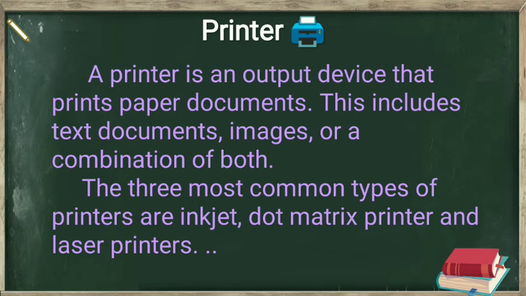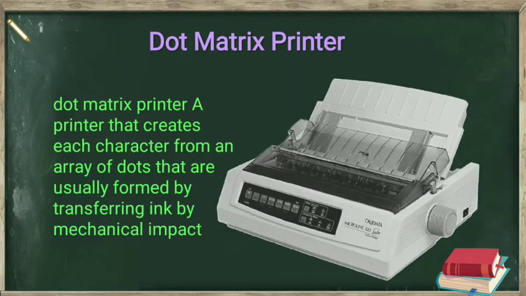Three commonly used printers are inkjet printer, dot matrix printer, and laser printer. Okay, nowadays we are mostly using laser printer. The document printed on paper is called a hard copy, whatever you see on the monitor is said to be a soft copy. Understand?